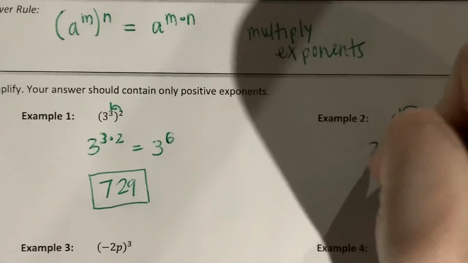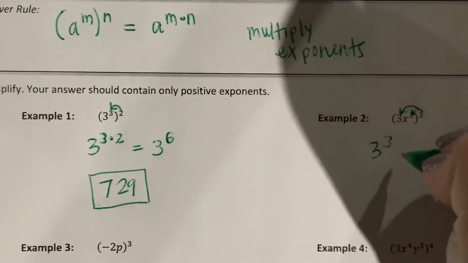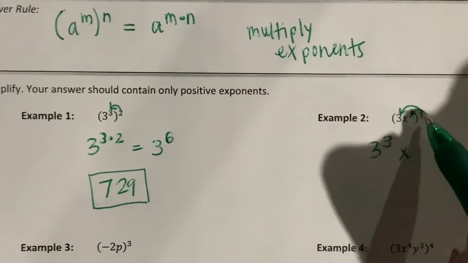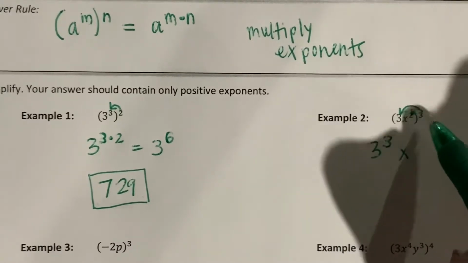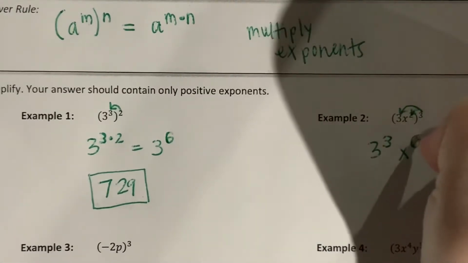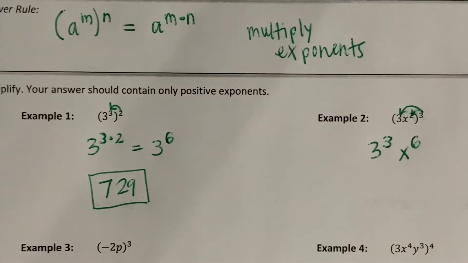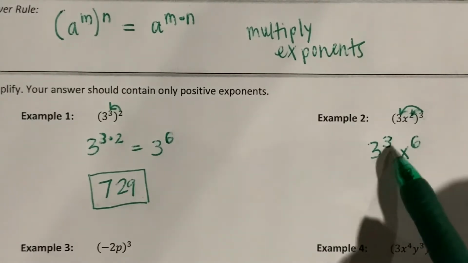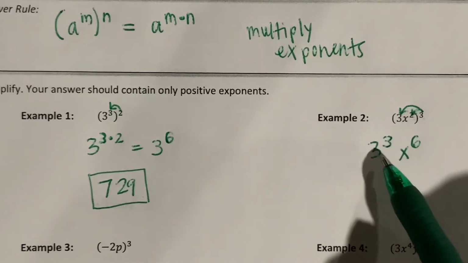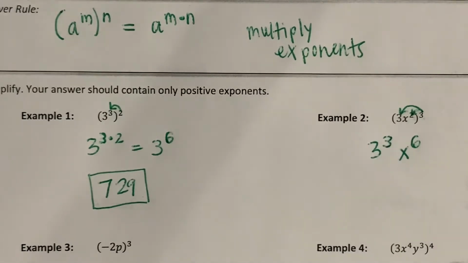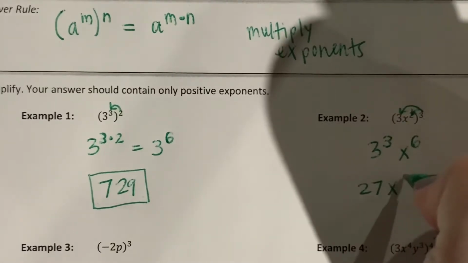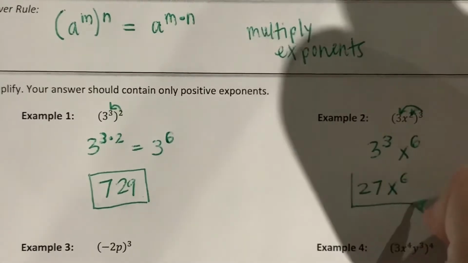So I'm going to do 3 raised to the third power, and then I'll have x, and here I've got x squared raised to the third power, so I need to do 2 times 3, which is 6. This piece I can do in my calculator. This is again 3 times 3 times 3, or in your calculator you could do 3 raised to the third power, and you would get 27, and then we'll still have x to the 6th power.